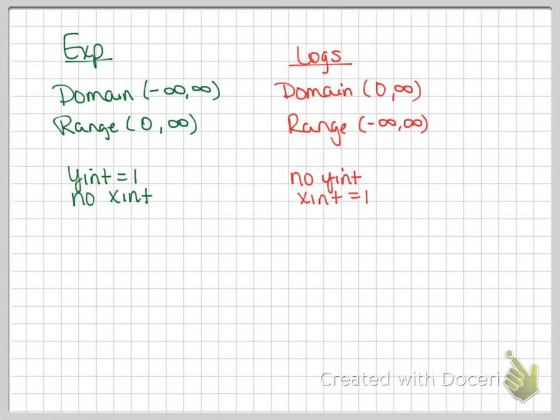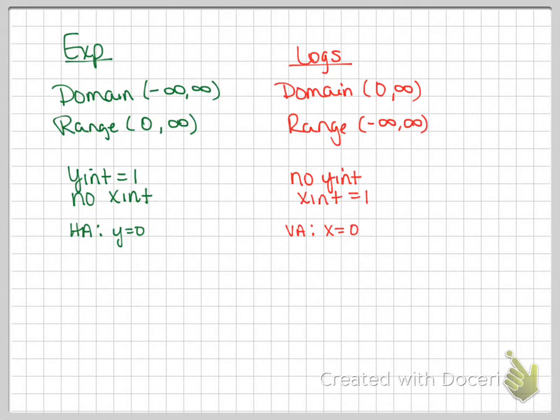With exponential functions, the x-axis was a horizontal asymptote, so we said we had a horizontal asymptote at y equals 0, which is the x-axis. And with logs, we have a vertical asymptote at x equals 0, which is the y-axis. So you can tell x and y on everything switch because exponential and logarithms are inverses.